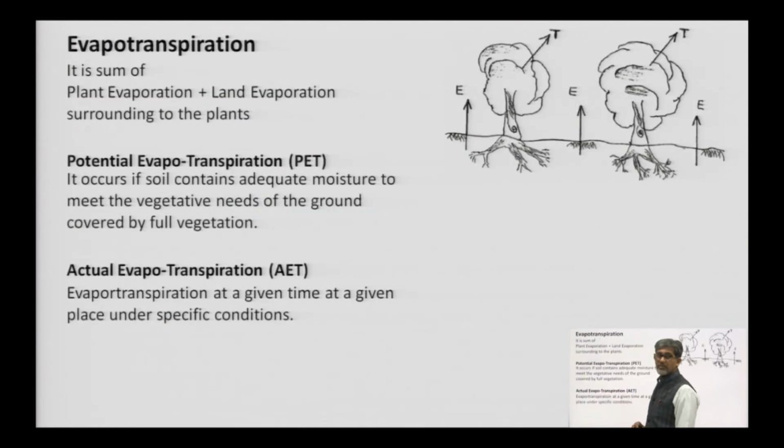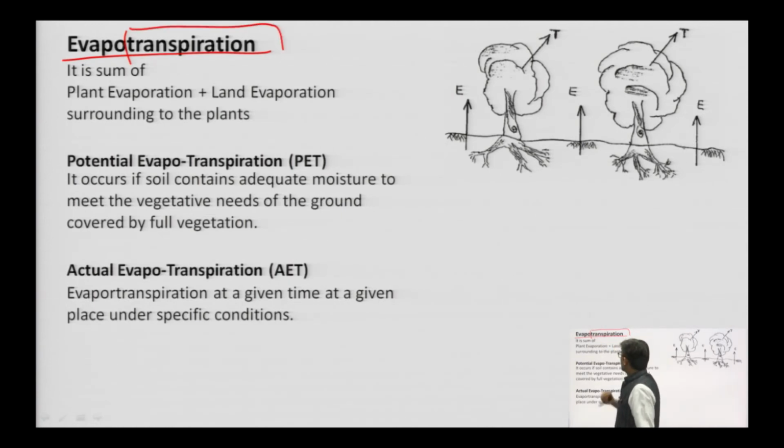Let us talk about the next abstraction, that is evapotranspiration. What is that? It is the sum of two terms, transpiration plus evaporation. Transpiration is the evaporation from the plant, and evaporation is the evaporation from the land.